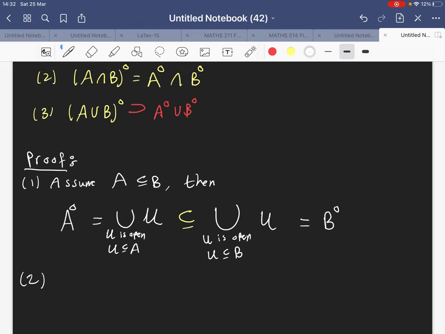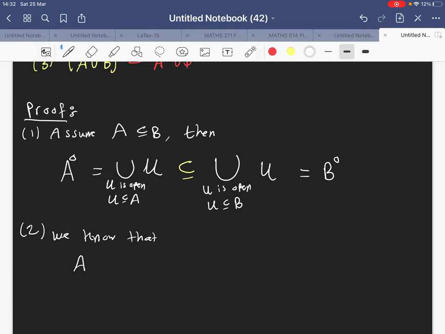Okay, we know those two facts: the intersection is a subset of A and the intersection is a subset of B.